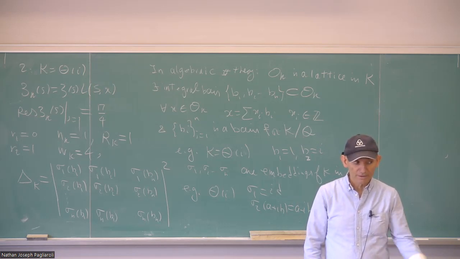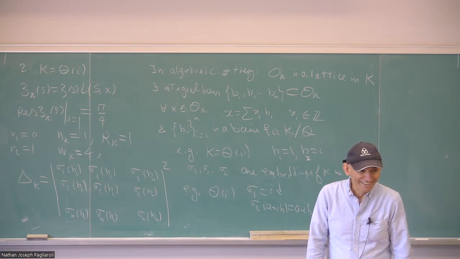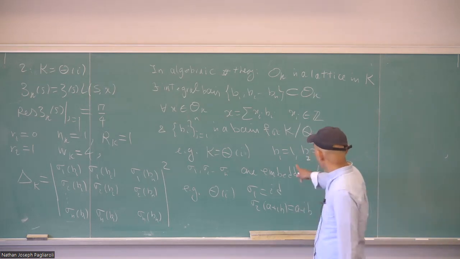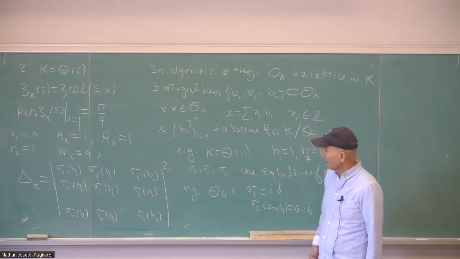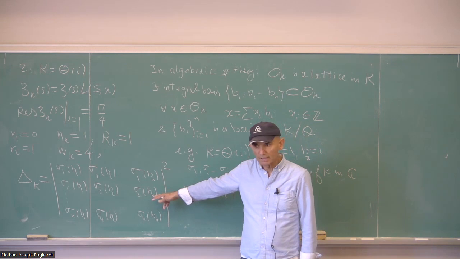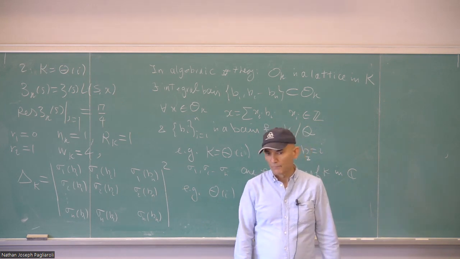Any other questions? Yeah, it's good to ask questions. So in this case, yeah, 1 and I. Exactly. E1 is 1, E2 is I. And then we can compute the discriminant in this case. Let's see what it is then. What is the discriminant in this case?